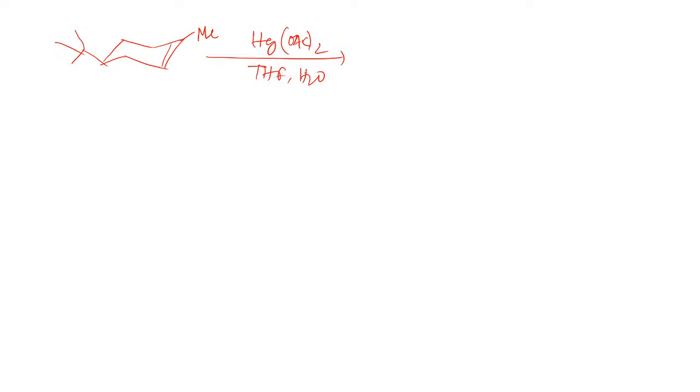So what will happen here if we add mercuric acetate? Here, on the equatorial side, mercury will coordinate, and this is common. I will show in a minute that if you do bromination also, you will get this kind of intermediate.